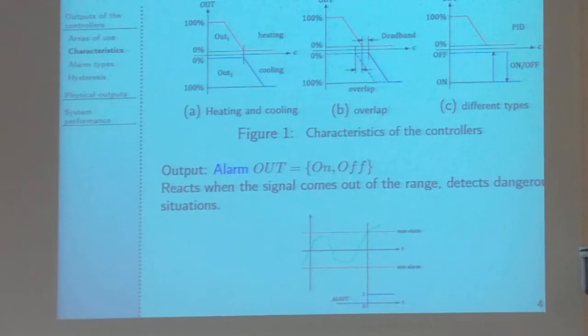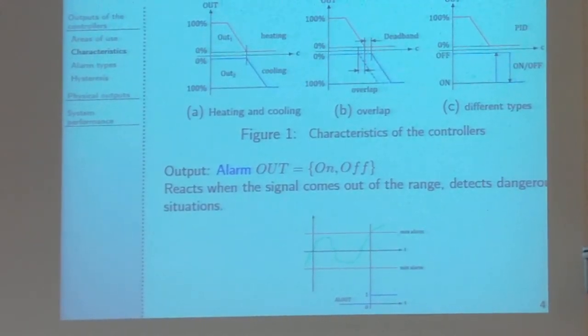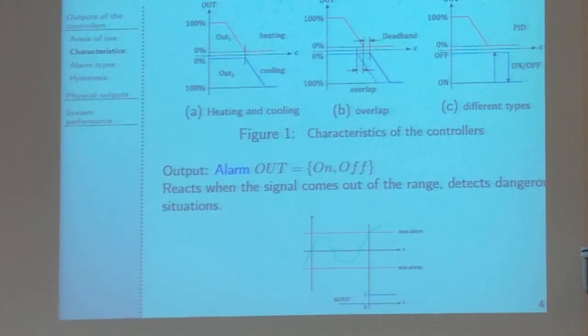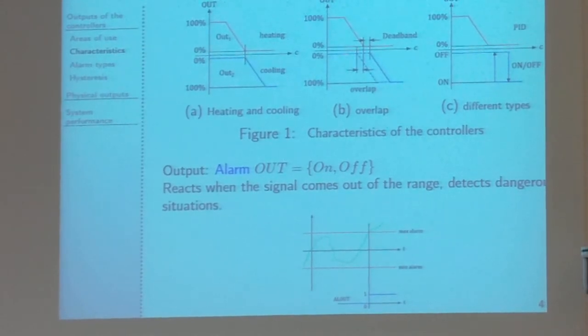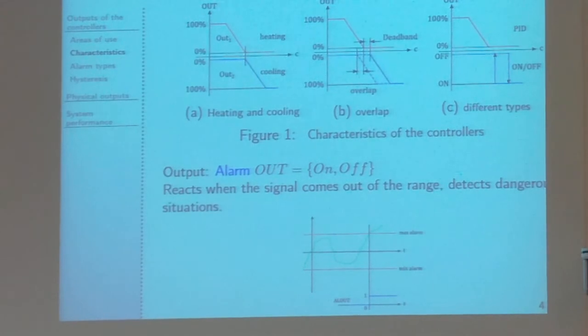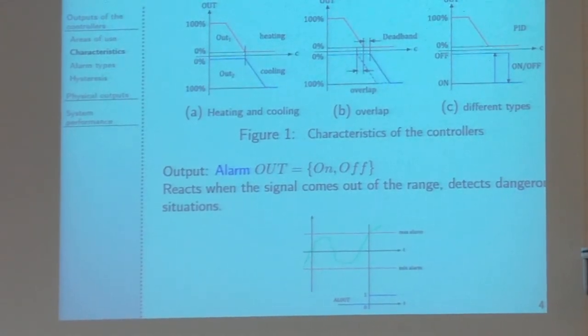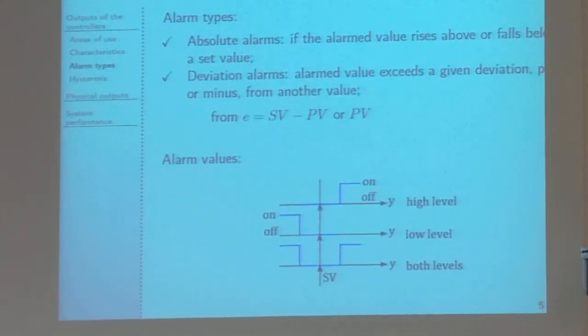So right now we will talk a little bit about the alarm output, because you have such a question on your second laboratory work. There are several types of alarms, and you should know how to find out which types we are talking about.